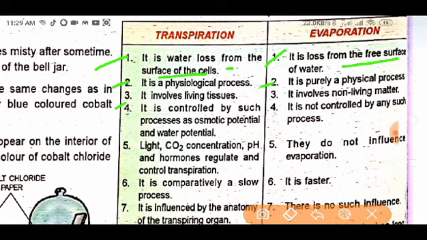Transpiration involves living tissues, while evaporation involves non-living matter. Transpiration is controlled by such processes as osmotic potential and water potential, while evaporation is not controlled by any such process. Light, CO2 concentration, pH, and hormones regulate and control transpiration. They do not influence evaporation.